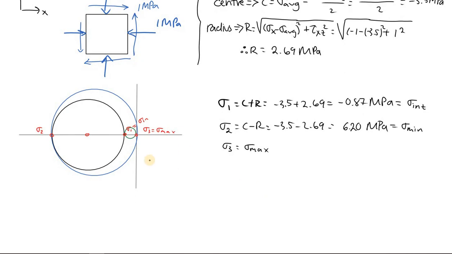Now that we have our larger circle, we can go ahead and find our maximum absolute shear stress, which is located down here. And either we can do this graphically because we know that it's located between 0 and our minimum principal stress, 6.2.